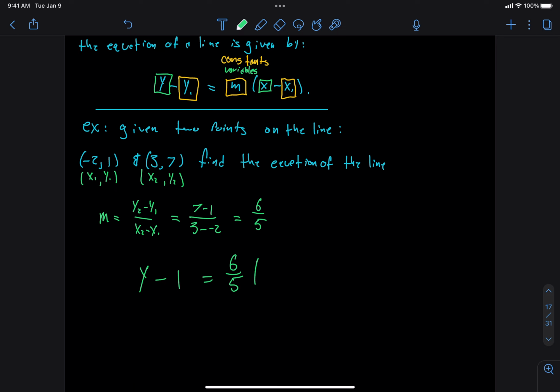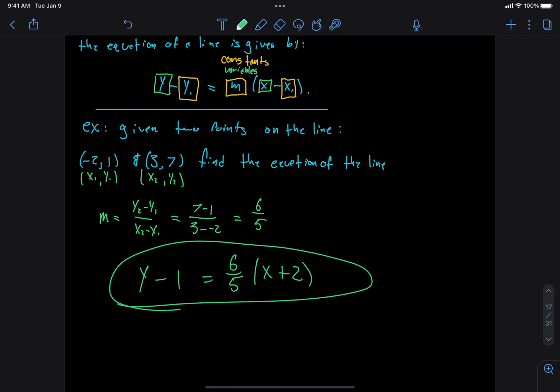And then what? x plus 2. Why plus and not minus? Because I'm subtracting x1, and x1 is a negative number. If I subtract a negative number, that's the same as adding a positive number. So that's why I wrote plus. Okay, so this is the equation of a line in point slope form.